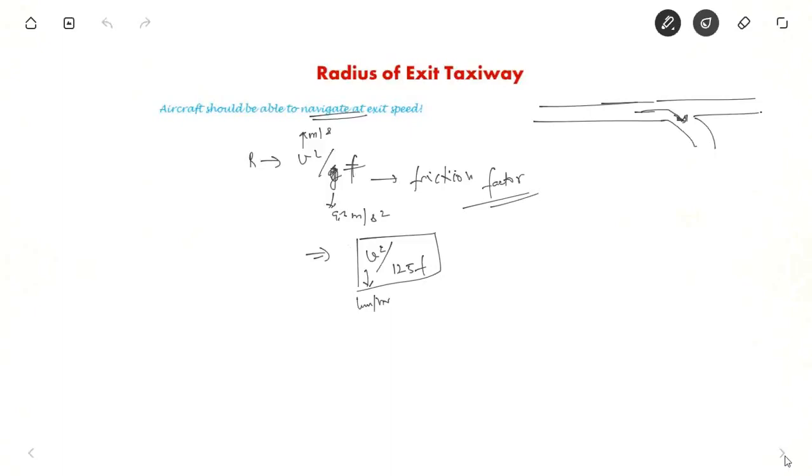Now let us solve a numerical which came in engineering services exam. So they have told that the design exit speed is 90 kilometer per hour and coefficient of friction is 0.13. It's usually 0.13. So let us just apply. It's a simple application of formula. So you know R equal to V squared by 125 F. So here V is in kilometer per hour.